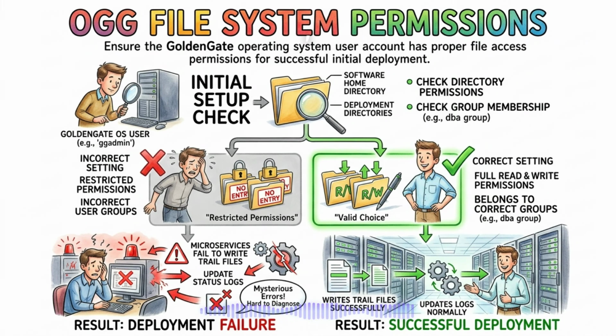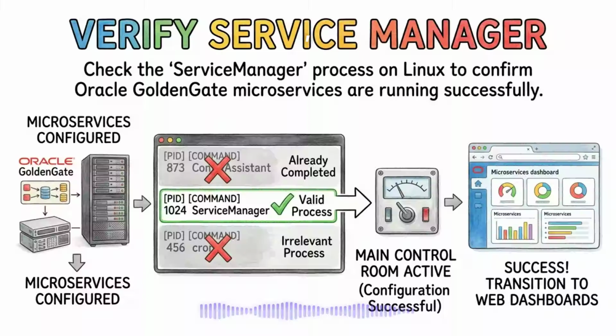To allow your newly installed GoldenGate processes to communicate with your databases, you must configure network connectivity files, specifically the tnsnames.ora file. This configuration file acts like a phonebook for your network, mapping simple database alias names to complex network Internet Protocol addresses and port numbers.